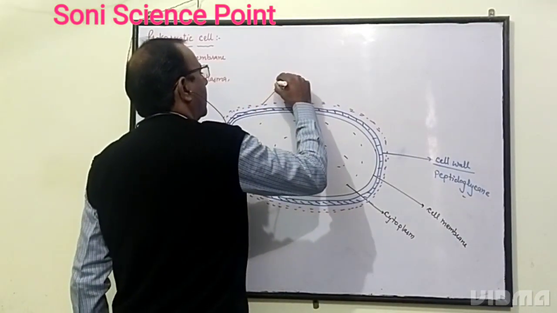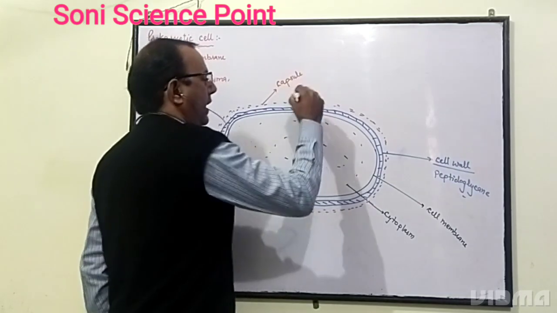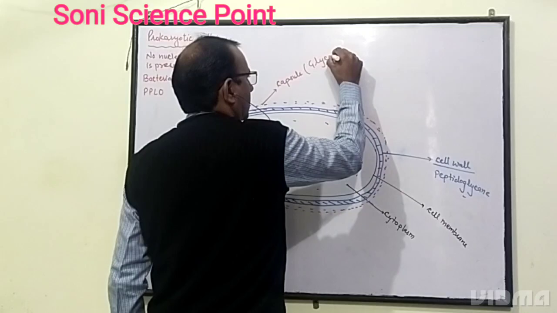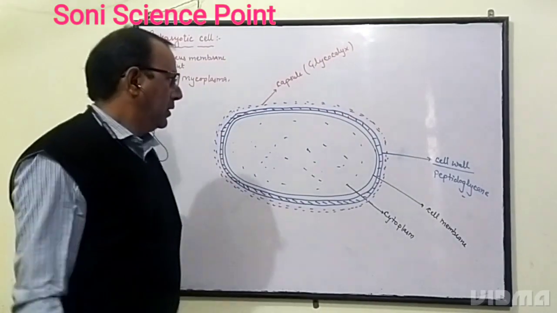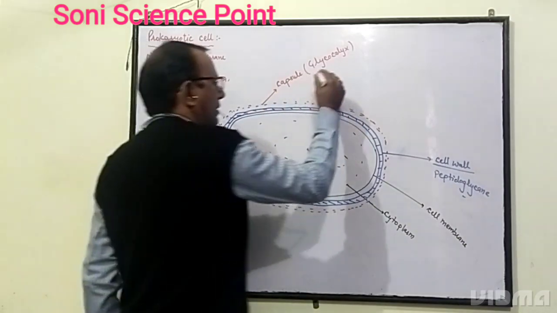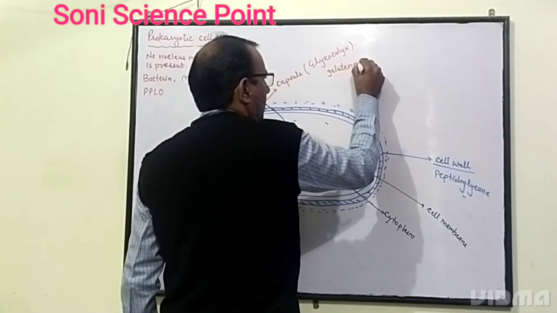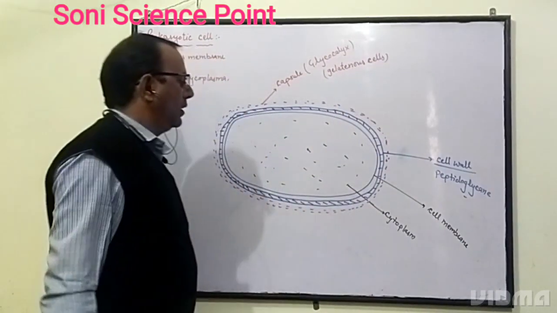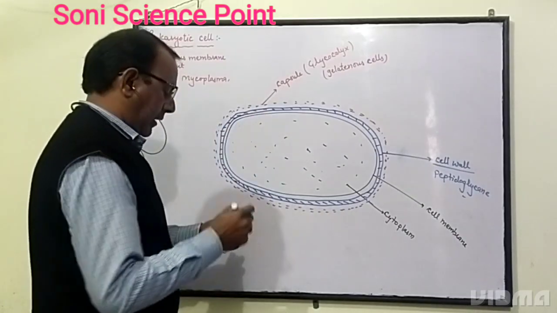This is called a capsule, as well as a glycocalyx. In this glycocalyx, some gelatinous material is also present. This is the ultrastructure of a prokaryotic cell.